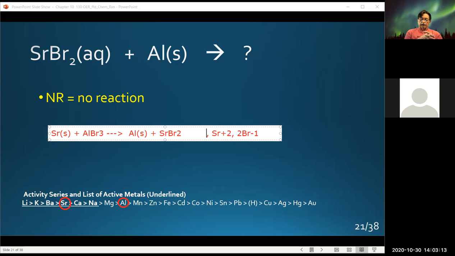How would I balance that out? Anybody have any idea? Is the equation I just wrote out balanced? No, not at all, right? Strontium is balanced, aluminum is balanced, but I've got 3 bromides on the left, 2 on the right. What can I do?